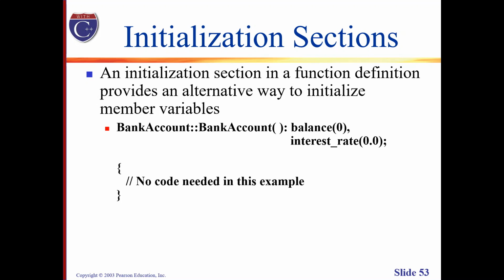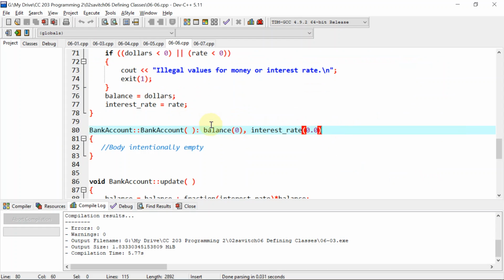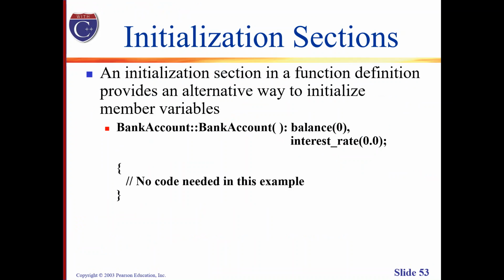And a while ago, you have seen the following code which initializes our member variables. And as you can see here, it's a bit strange since the assignment operation is outside our body. This is what you call an initialization section.